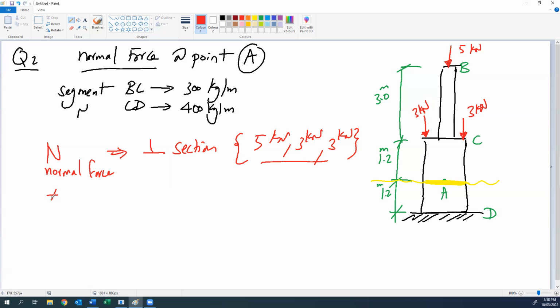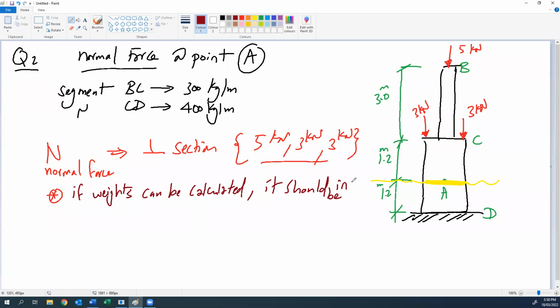So I will write a small hint here: if weights can be determined or can be calculated, they should be included. So if you have enough information about weights, it should be included in our calculation. Okay. So why was it not included in the previous example for question one? Why no weights? Because there was no information about the weights in example one.